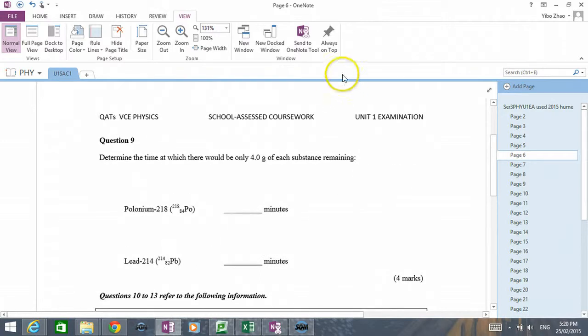Let's start with polonium-218. The half-life is 3 minutes.